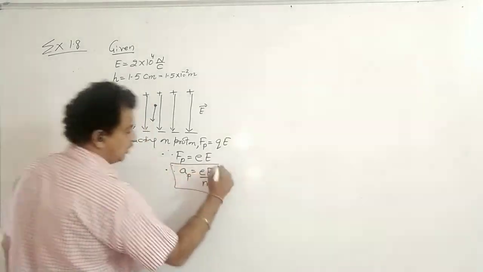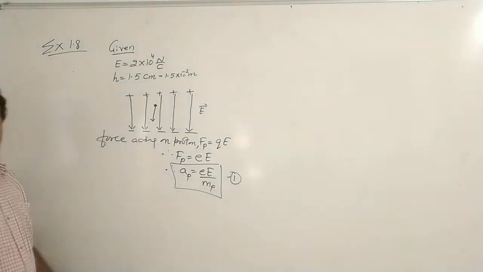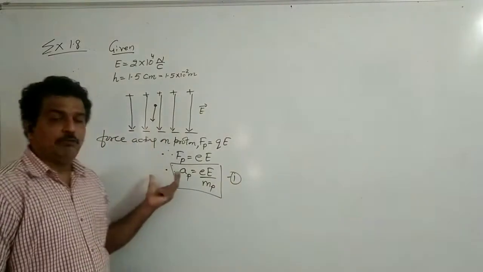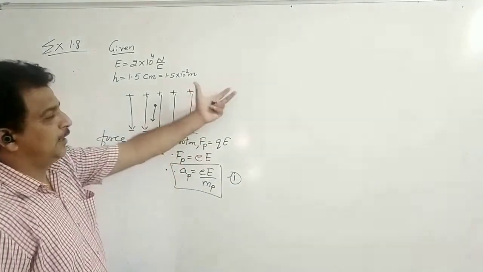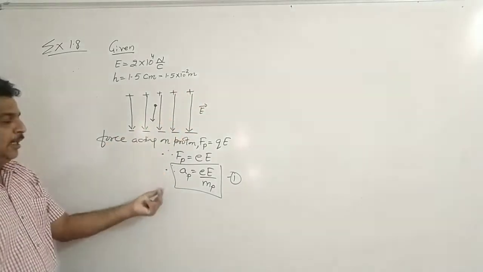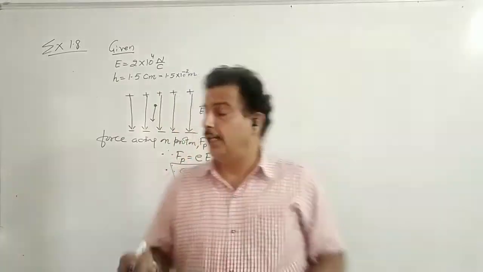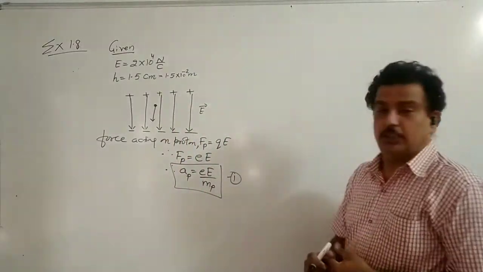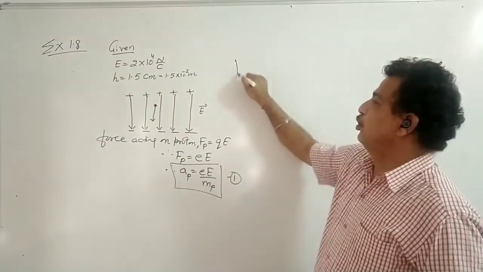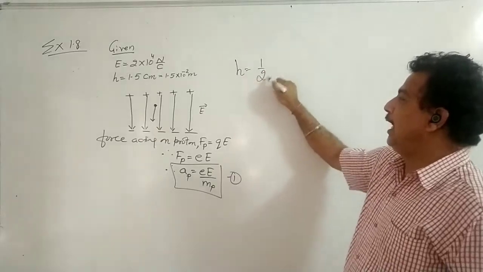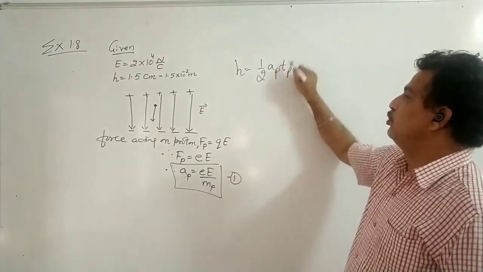So this is our equation 1. Again, the same way as we have done for the electron, I am not writing the theory portion again. The fall is free, so for a freely falling body again we are taking the initial velocity to be 0. So h is equal to half a_p t_p square.